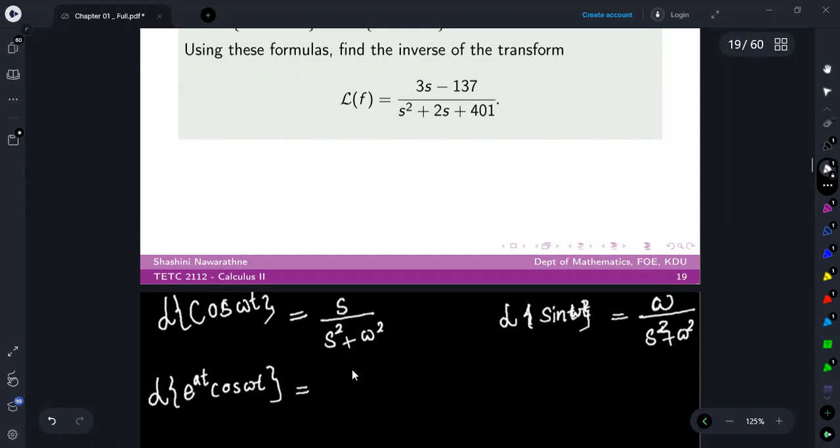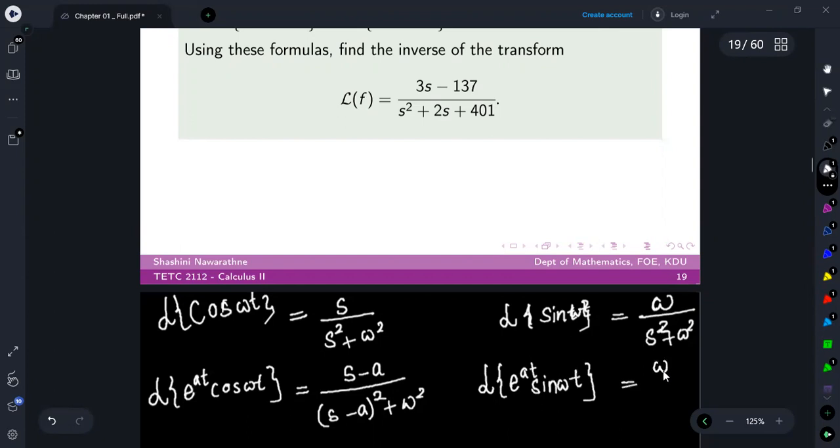So we can obtain the answer by replacing s by s minus a in both numerator and denominator. We can obtain the Laplace transform of e to the power at cos omega t in this way, and the Laplace transform of e to the power at sin omega t by replacing s by s minus a.